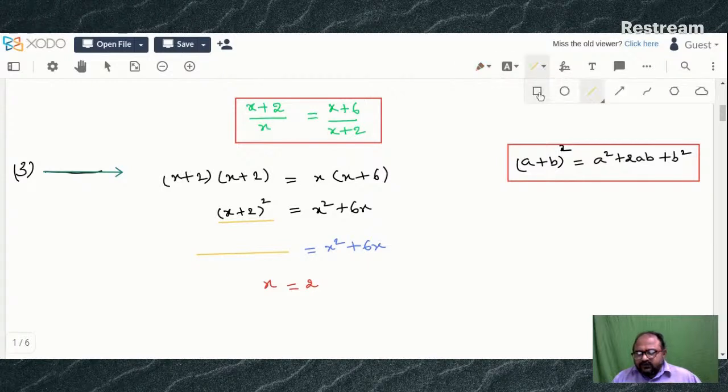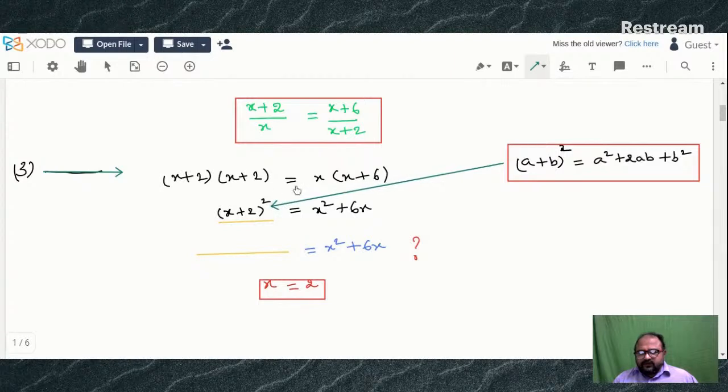Dear students, you respond to this question. My question is, how do you simplify this? Here x plus 2 whole square equal to x square plus 6x. Now you apply a plus b whole square on x plus 2 whole square.